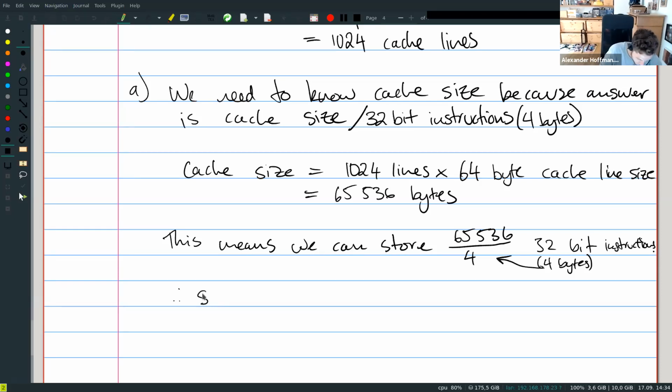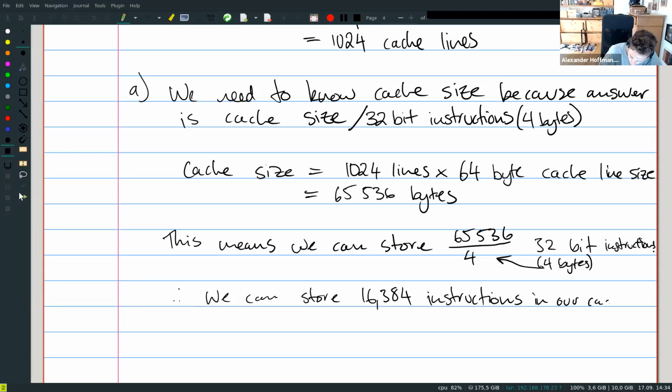We can store 16,384 instructions in our cache. Hooray. So hopefully that makes sense to everyone.